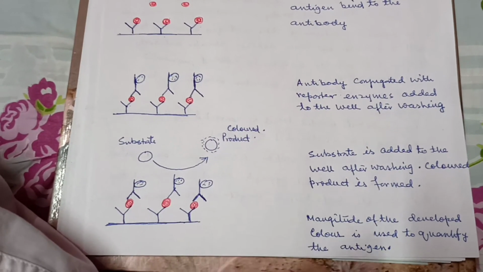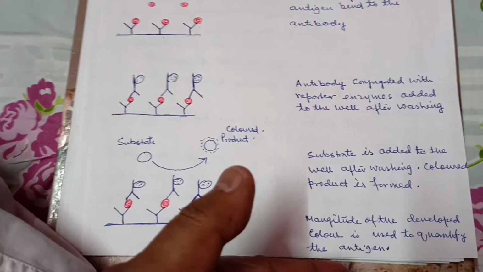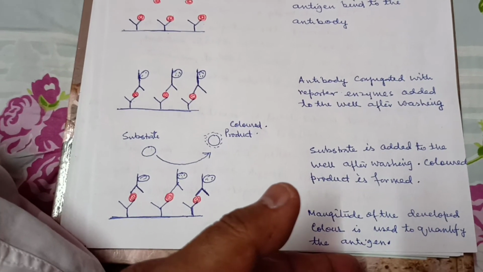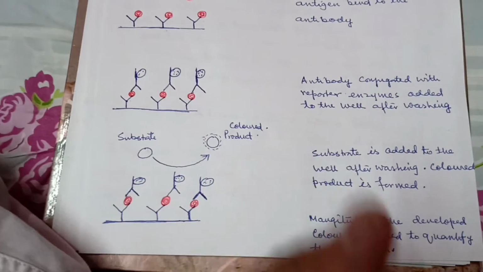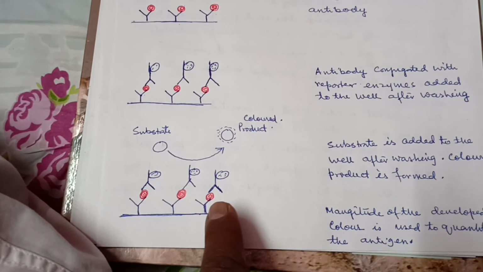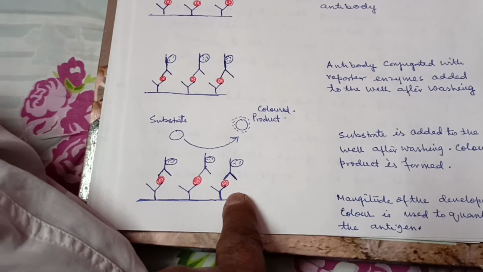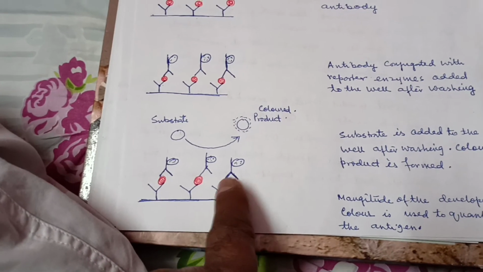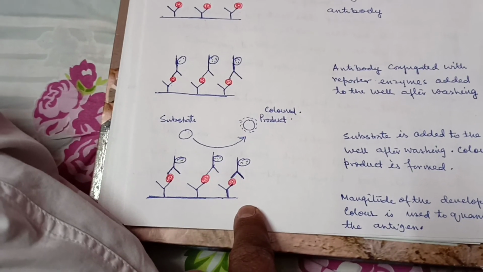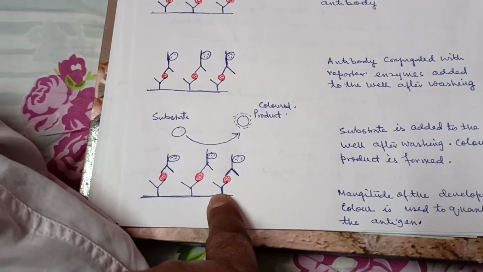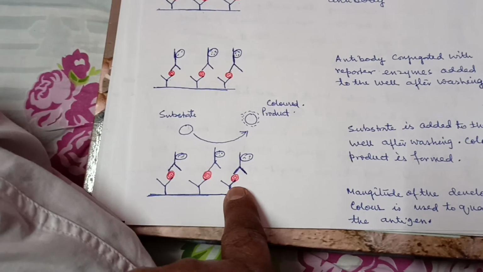We can analyze the presence of a particular type of antigen in a sample of blood or any body fluid. So this is the method of identifying the presence of antigen in a sample, and also how much antigen is present in the sample. We can quantify that as well.